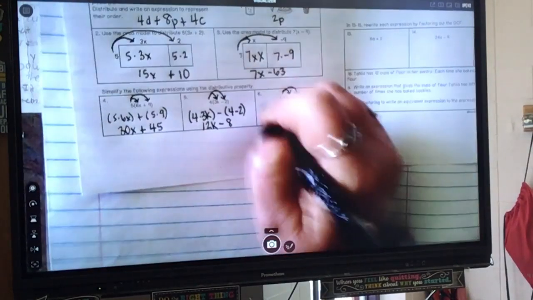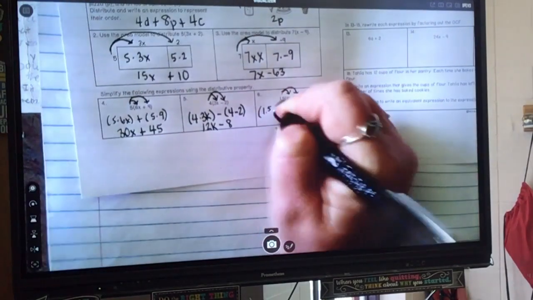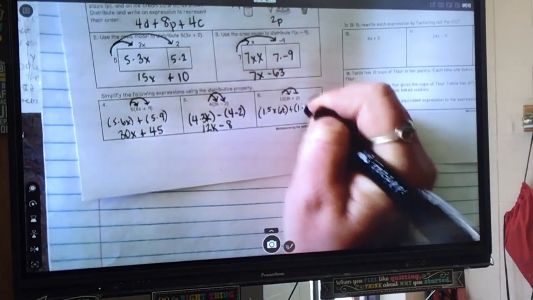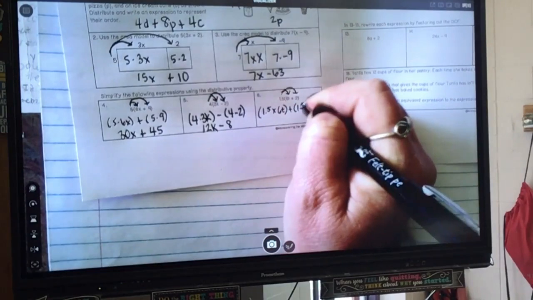You end up doing 1.5 times 6t plus 1.5 times 2.